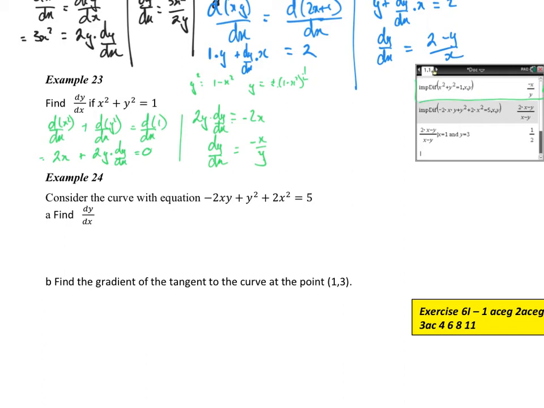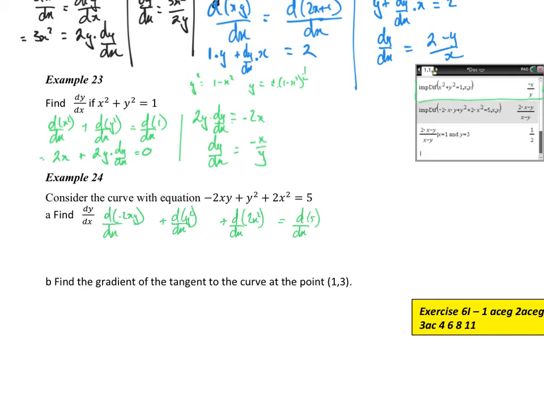So again, we've got a curve here. Find dy dx is equal to. So differentiate each term. So again, d dx of negative 2xy plus the derivative with respect to x of y squared plus the derivative with respect to x of 2x squared equals the derivative with respect to x of 5.